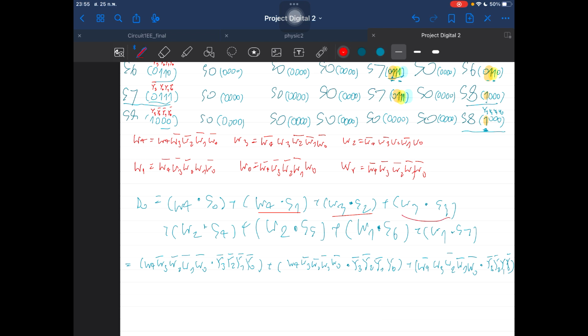Then go to the next equation. The next equation is W3 and state 3. W3 name is W4 that, W3, W2 that, W1 that, W0 that.